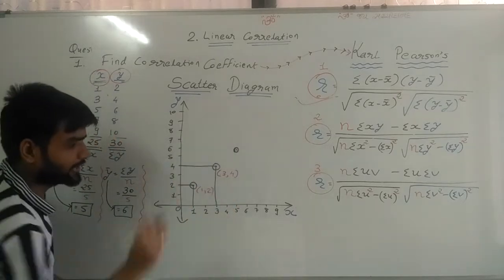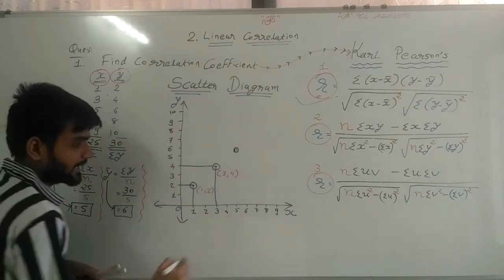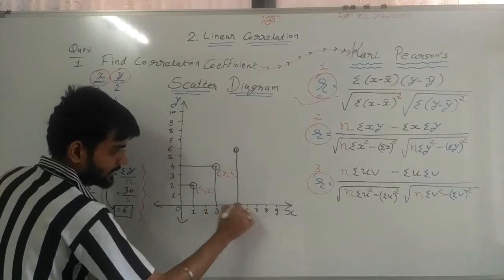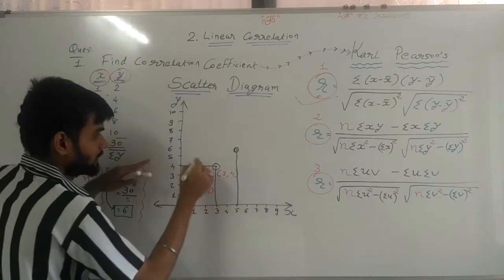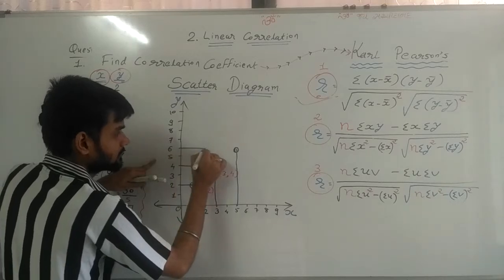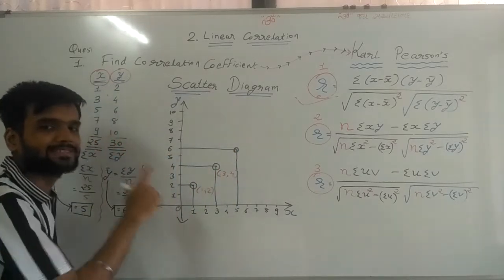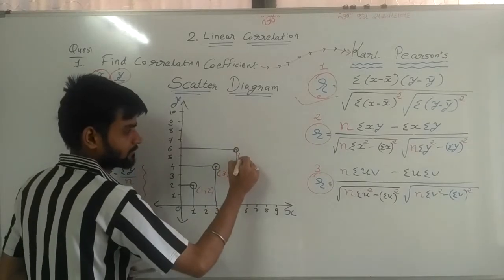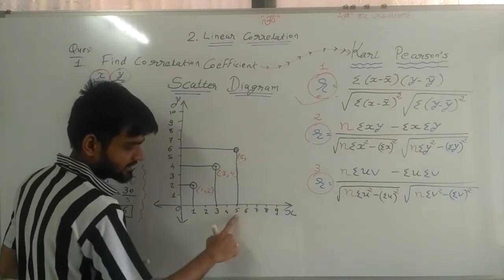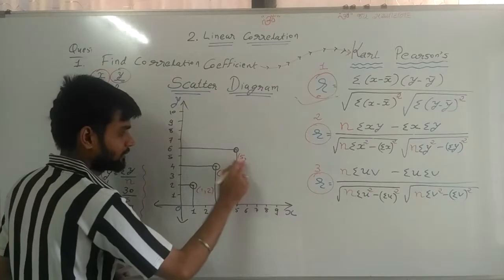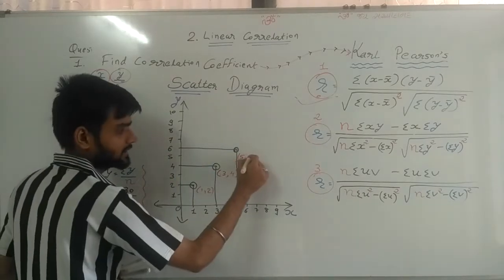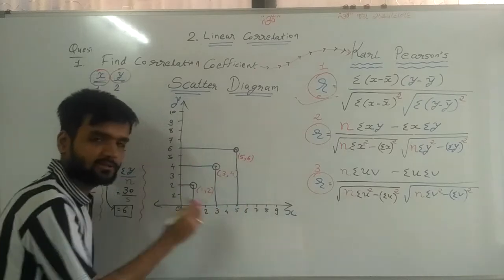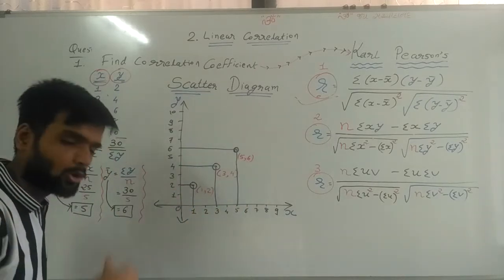So I plot one point here, where we can see on the x-axis it's 5 and on the y-axis it's 6, and I can write here x-axis 5 and y-axis 6. This is the point. Now again go ahead.